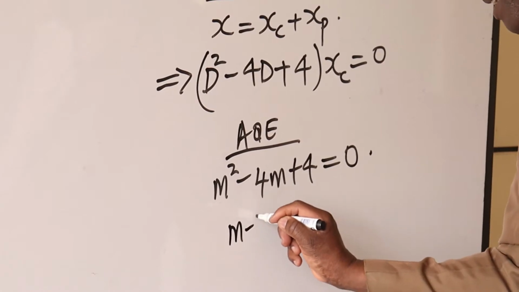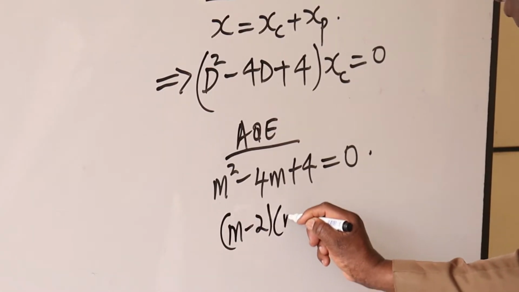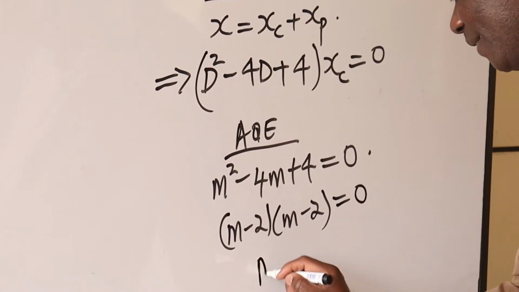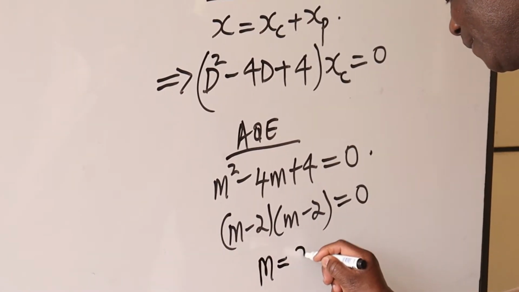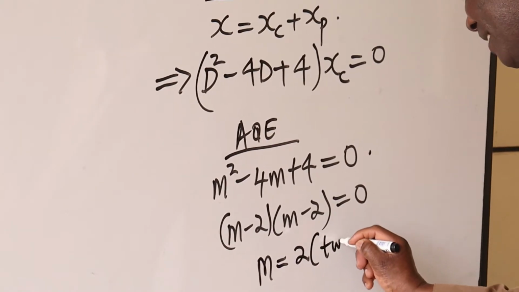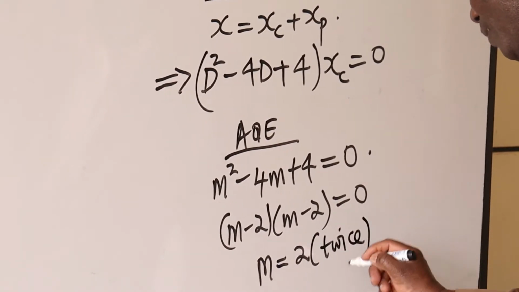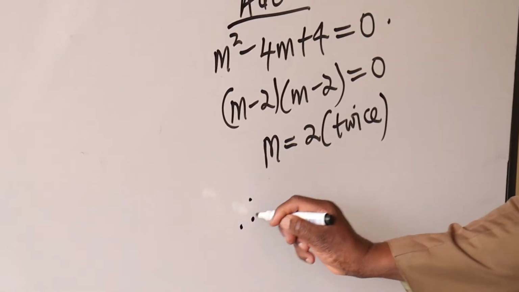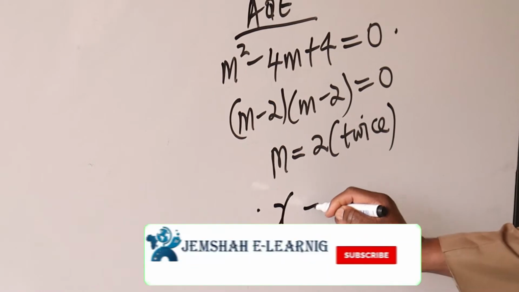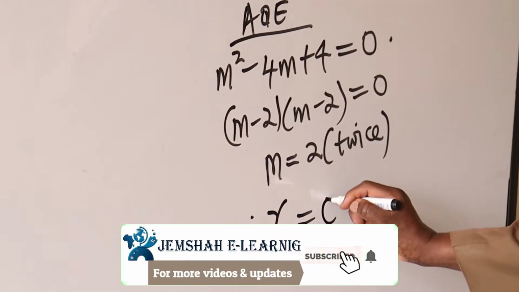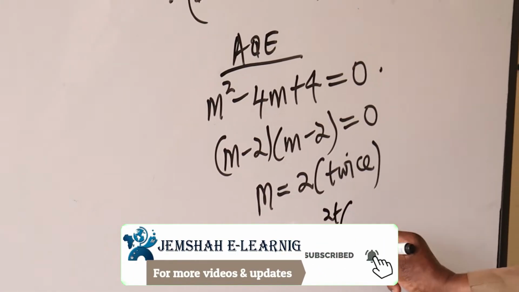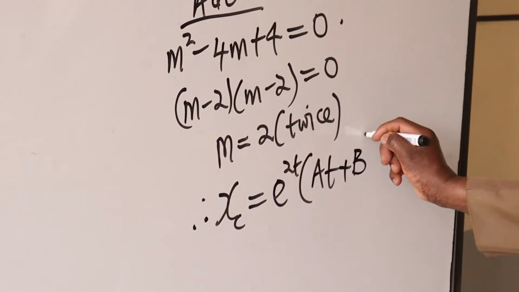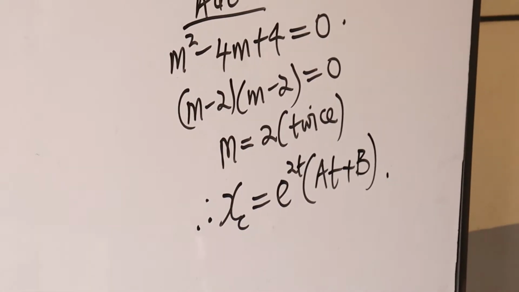This is m minus 2 into m minus 2 equals 0. So m is equal to 2, which is appearing twice. Therefore, our xc will be equal to e power 2t into at plus b.